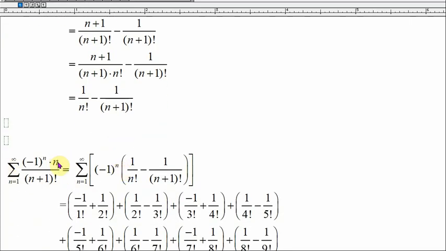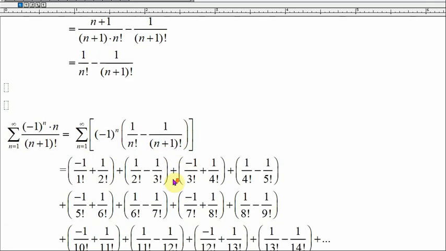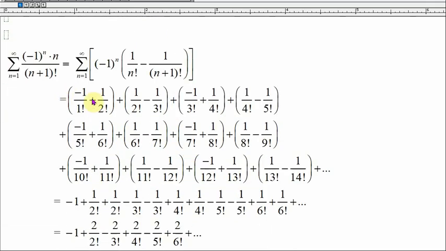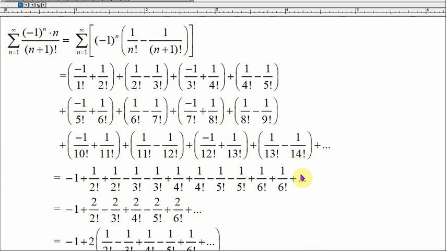So this is our series right here. Now we can rewrite this as the summation of negative 1 to the n, times (1 over n factorial minus 1 over (n plus 1) factorial). Here are the first 12 terms. Negative 1 over 1 factorial is just negative 1.